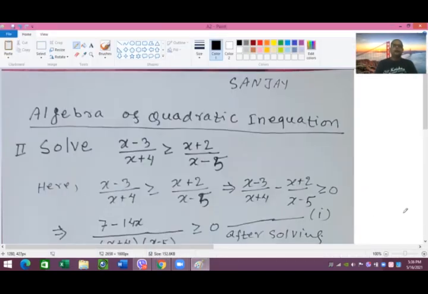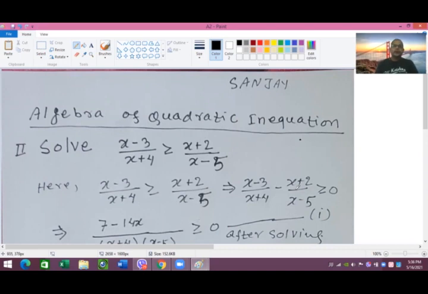Okay, this is another problem of algebra, a quadratic inequation. You can either call it inequality, or you can also say this is inequation. All right, and here you need to solve it. We apply the same strategy here also, but the main thing is how you solve it so that our work will become easy and reachable.